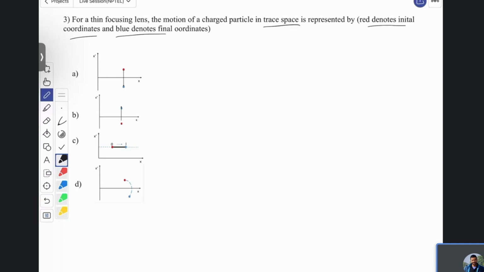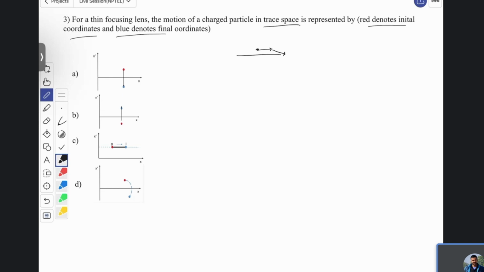What a focusing lens does is, suppose a charged particle is going like this, it will change its slope, right? Or suppose there is a diverging particle, it will change its slope.